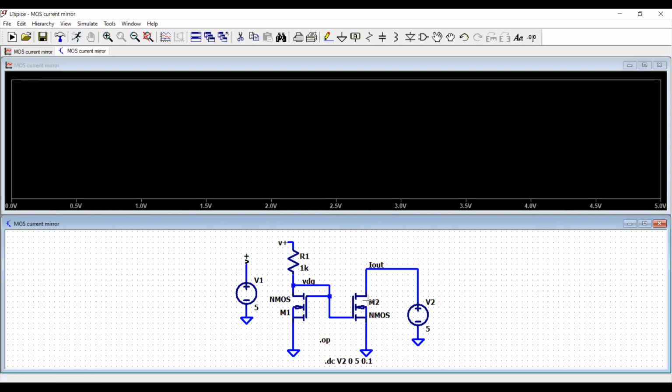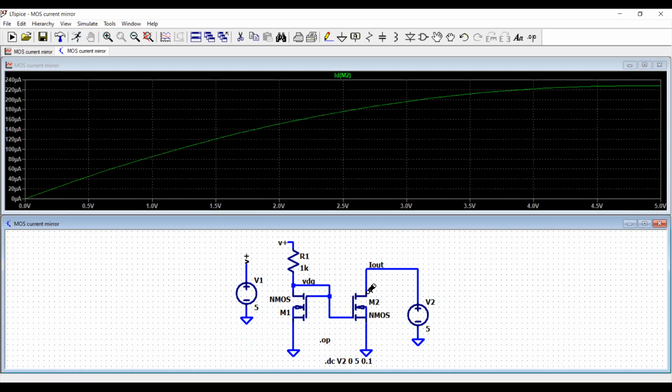I have got this curve, and on the schematic, if I take the cursor here, there is a black probe prompting me to left click my mouse to plot the current through M2, which is my drain current. I will click, and here you go.